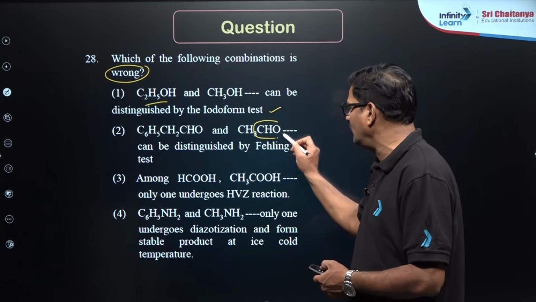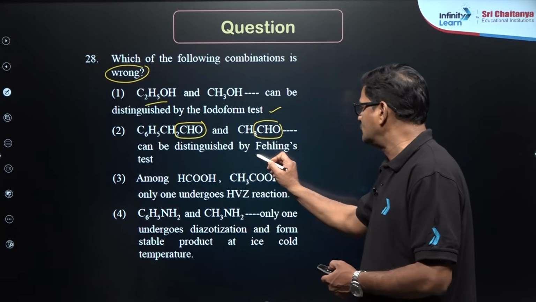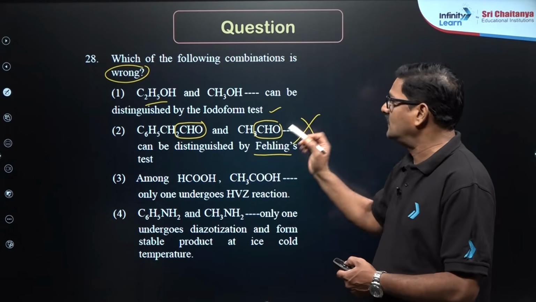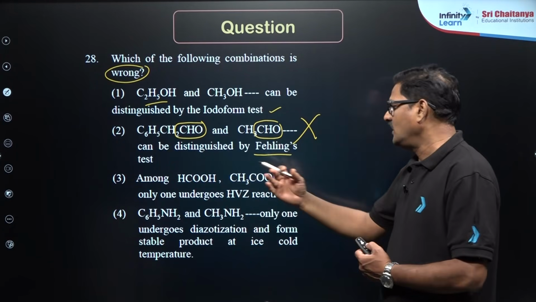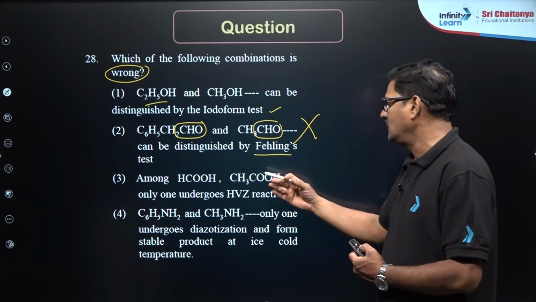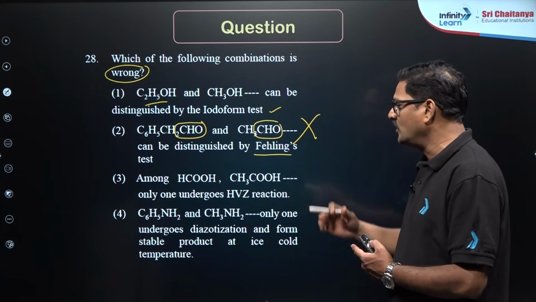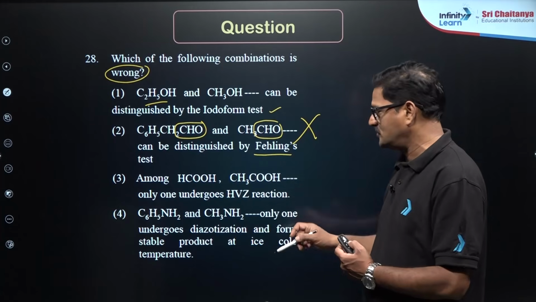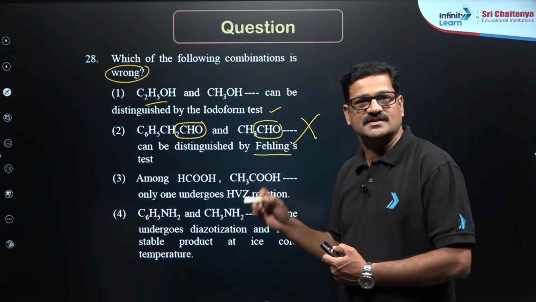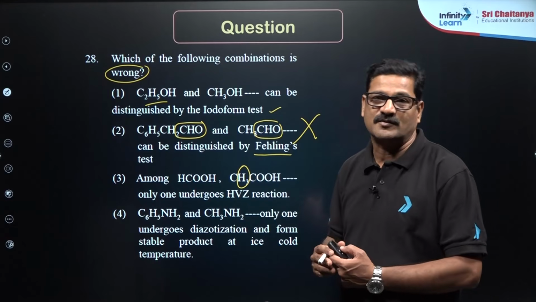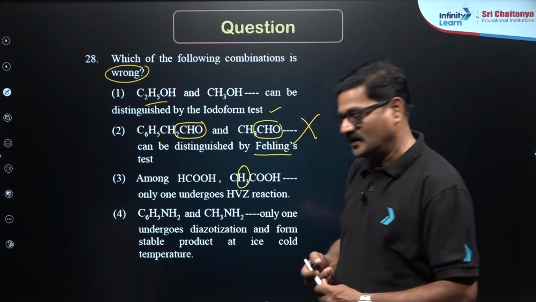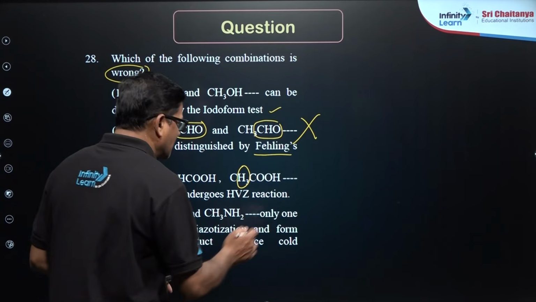Both being aldehydes, you can't use Fehling's solution, rather you could use iodoform test. Among HCOOH and CH3COOH, only one undergoes HVZ reaction. HVZ reaction is given by a carboxylic acid containing alpha hydrogen reacting with red phosphorus and chlorine. So, it is correct.